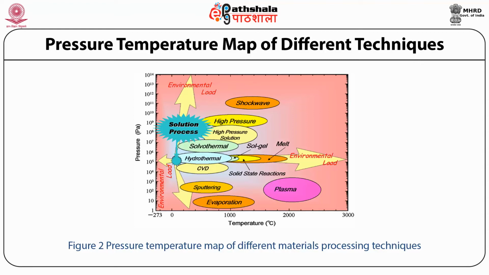Similarly, as we move towards other processes, liquid phase methods such as CVD, hydrothermal, solvothermal method, the pressure keeps on increasing. The Sol-Gel method takes place at a high temperature of around 1000 degrees centigrade and high pressures of 10 raised to the power 5 Pascal.